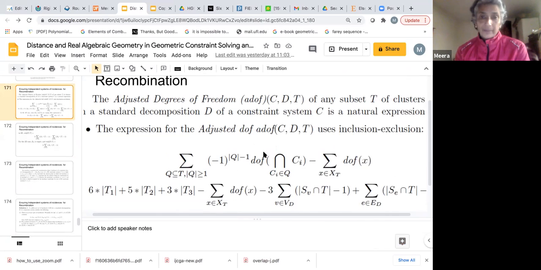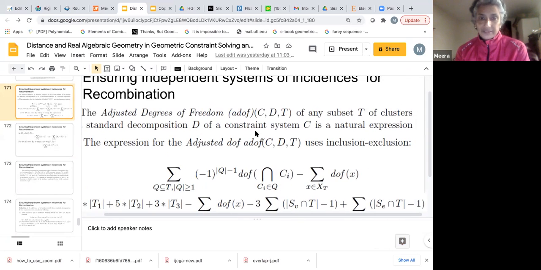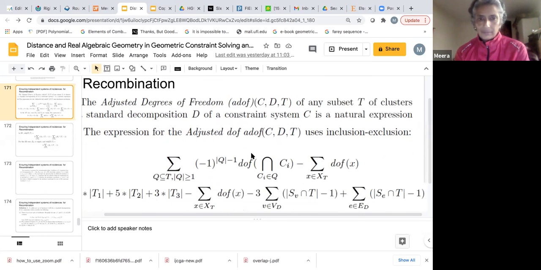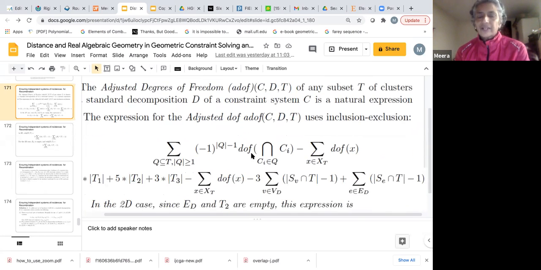So we can define something called the adjusted degree of freedom, simply an inclusion-exclusion count of the degrees of freedom that you would expect this recombination system to have.